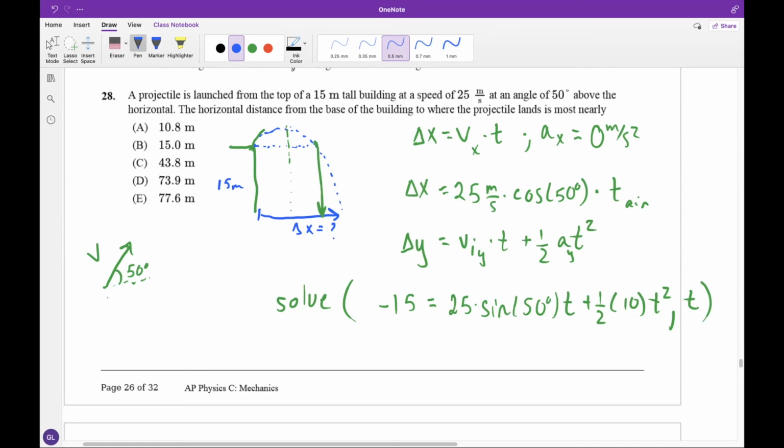And so, give me 1 second. So we have negative 15 equals 25 sine of 50, and we'll use T. We have a keyboard. And then, oops, I'm getting a little sloppy. The negative for the acceleration due to gravity because it's down.